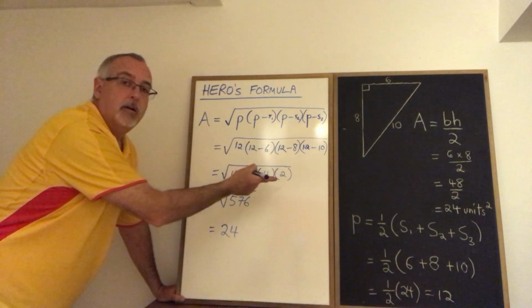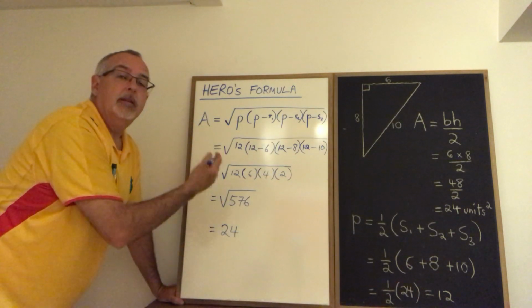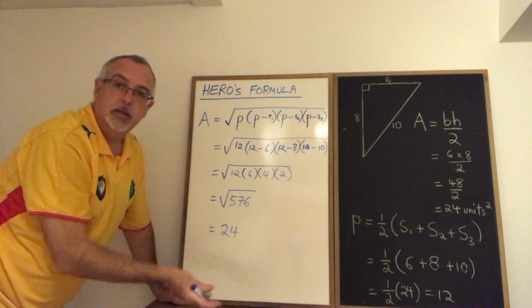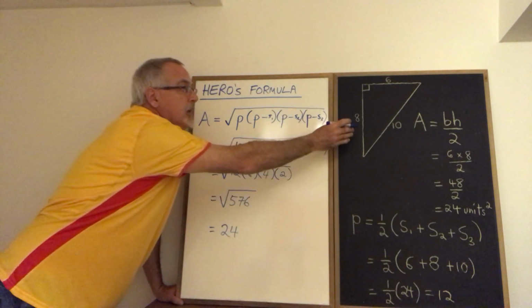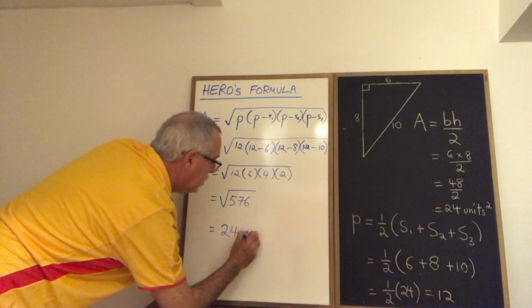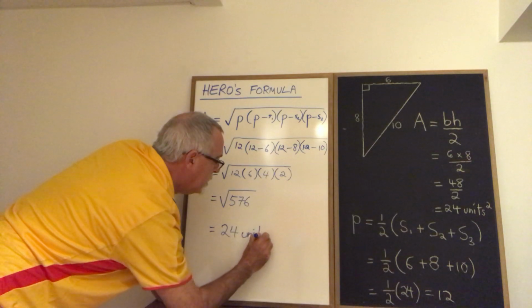And of course it's an area, so I have to give the unit, and the unit will be a square unit. No units were given in the question, and what I always tell students is, when no unit was given, use the word unit as your unit. So it is 24 units squared.